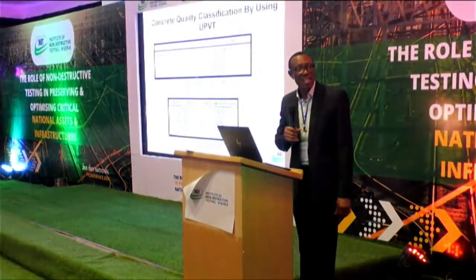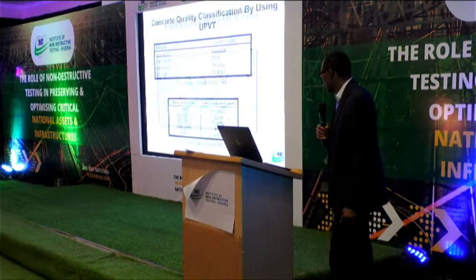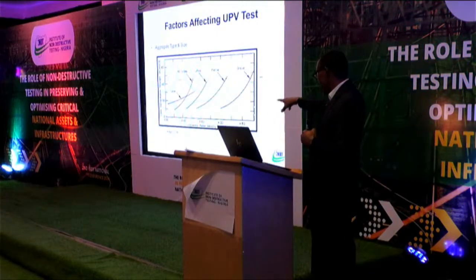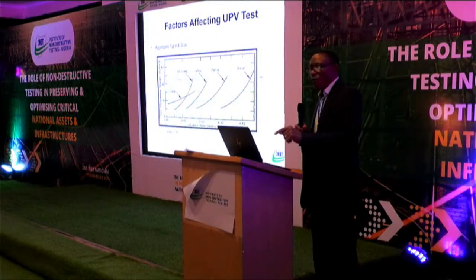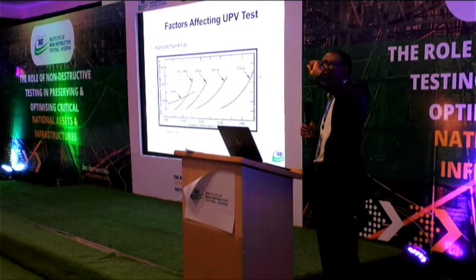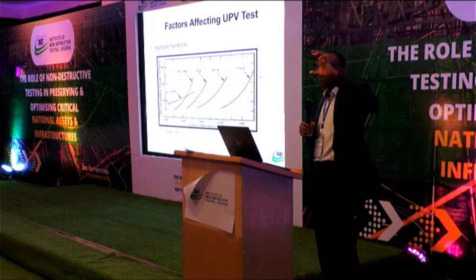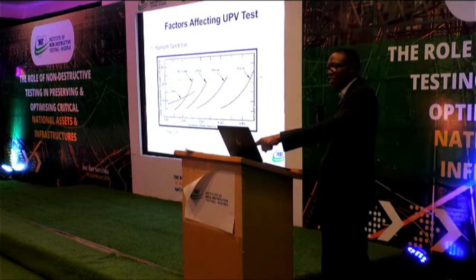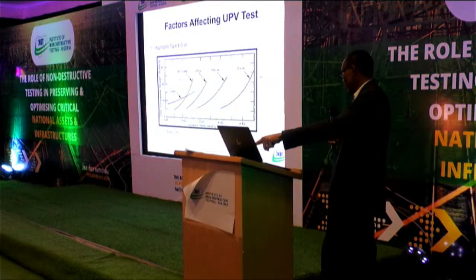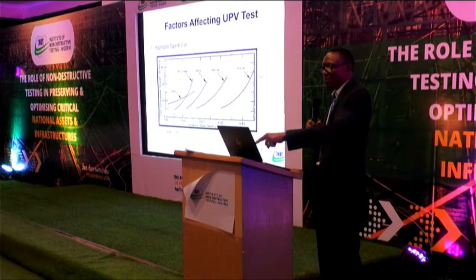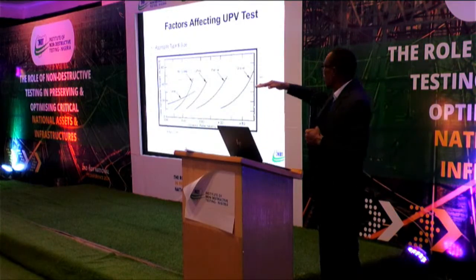Okay, the next one. Good. If you see the red line, you see for material of the same concrete strength, when you do comparison, you have the same strength. Let's assume the strength is 20 newtons per meter square. You see that 20 is cutting across.